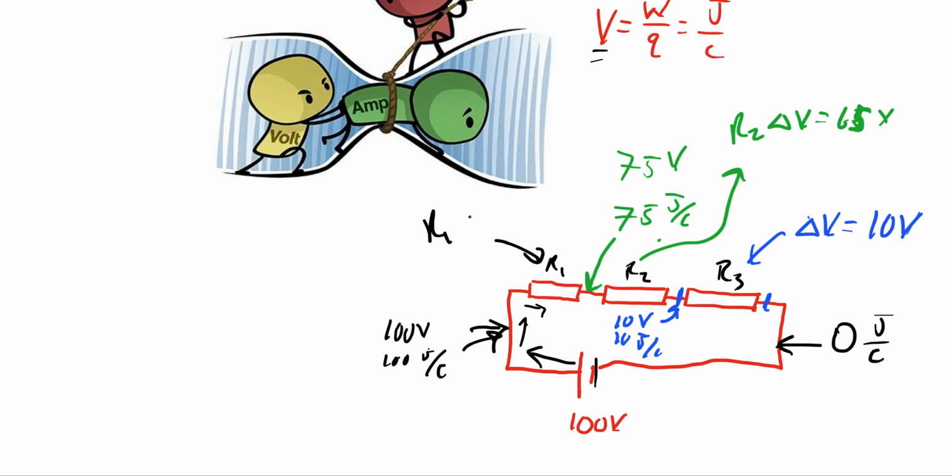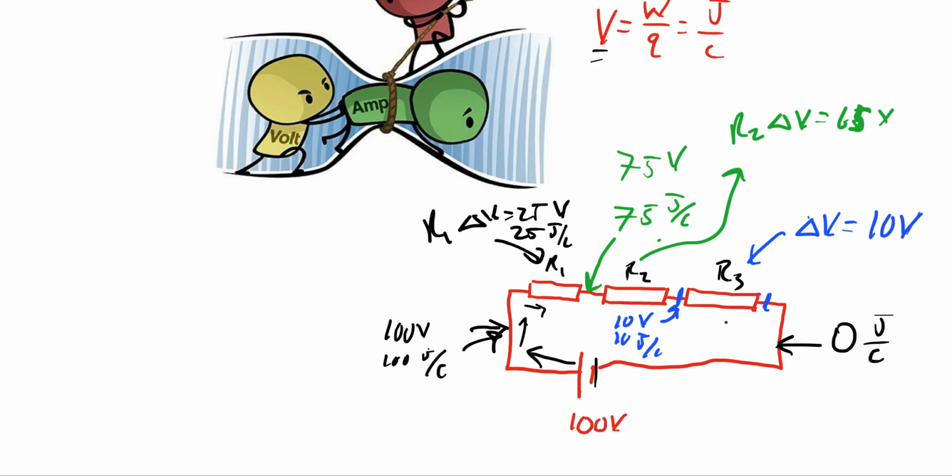So R1, the potential difference, is 25 volts, or 25 joules per coulomb. So for every coulomb of charge that went through there, 25 joules of energy was extracted. And so that is the idea of potential difference and driving a current. And then that energy is being used up, but the current is not.